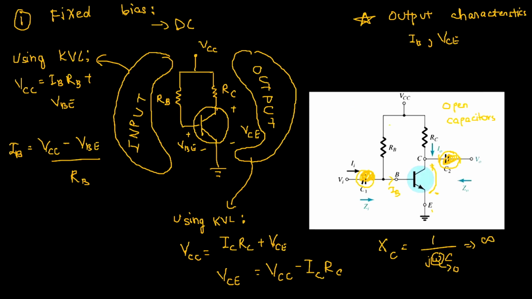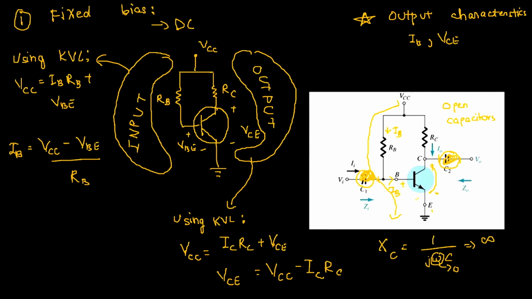The first place to apply this is the input side of the loop. So this region is the input side of the loop. We'll go on applying KVL here. KVL is basically that the sum of all voltages in this loop will sum up to 0. The first thing is VCC, the voltage that we are supplying to the circuit. The second potential difference that we come across is IB into RB.